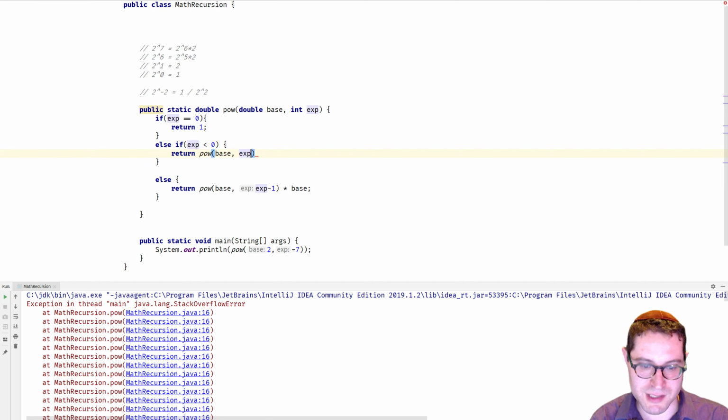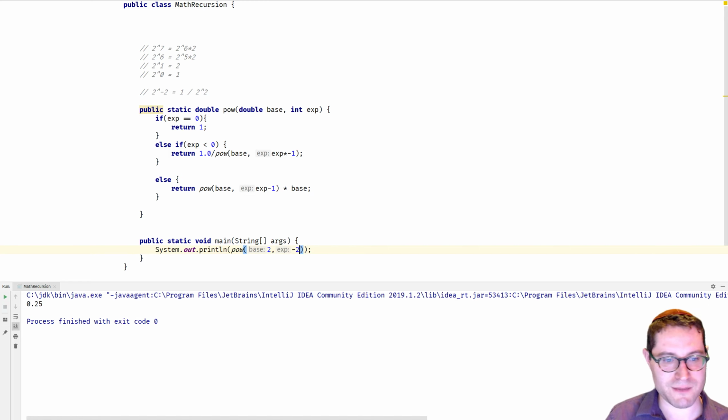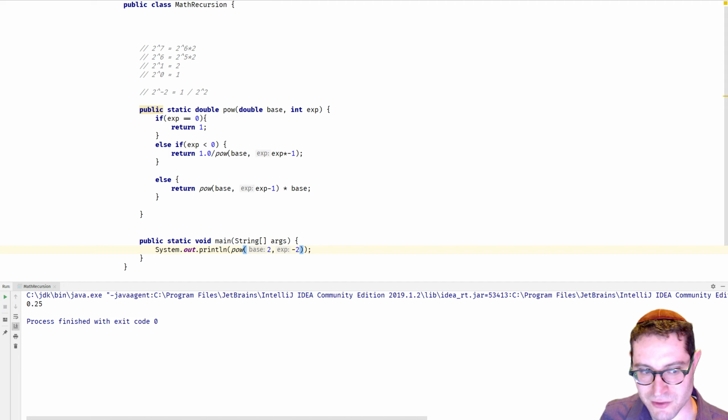We know exponent is already negative, so multiplying it by -1 will make it positive. And to make sure it's the correct answer, we'll just do 1.0 over this number. Let's go ahead and do something a bit simpler to check. And that makes sense. That's 1 over 4. So excellent.